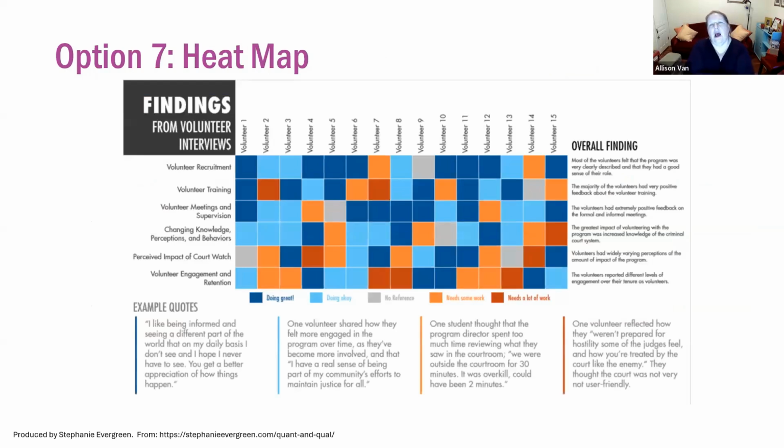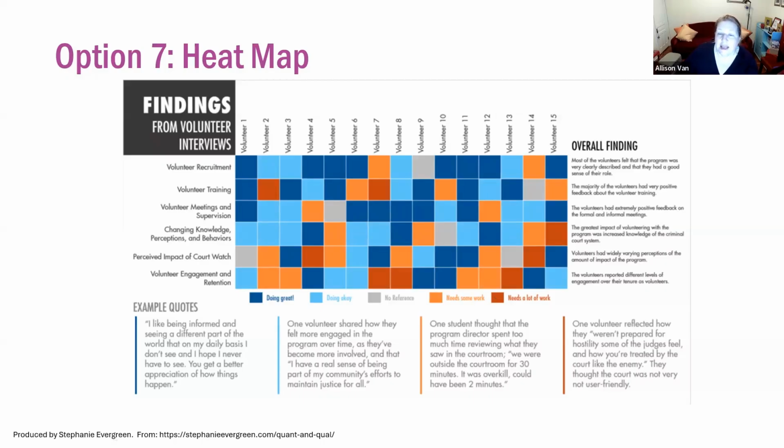Okay. Option 7, heat maps. So we're still in the world of tables. And the real difference with heat maps is that it's color first. You don't have data within the table. You are using the colors to be able to tell the story. There are 2 different versions of heat maps. You can have discrete colors like this, where each one represents part of a Likert scale.